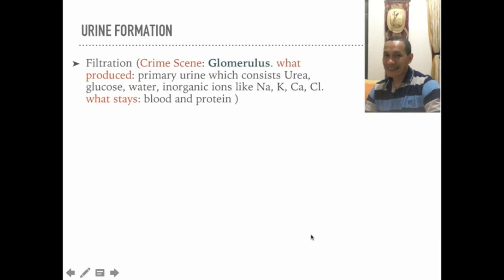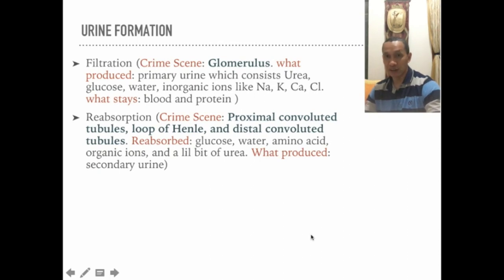The second process is called reabsorption. It happens at three places: the proximal convoluted tubule, the loop of Henle, and the distal convoluted tubule. What is reabsorbed? Glucose, water, amino acids, organic ions, and a little bit of urea.